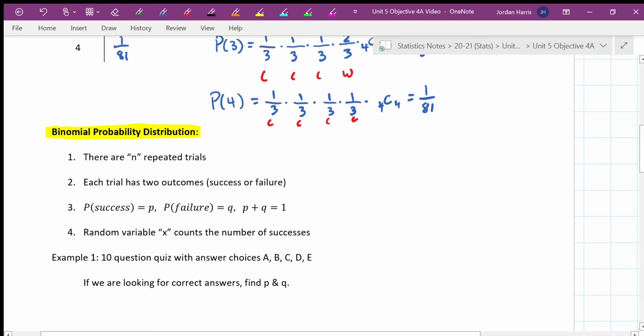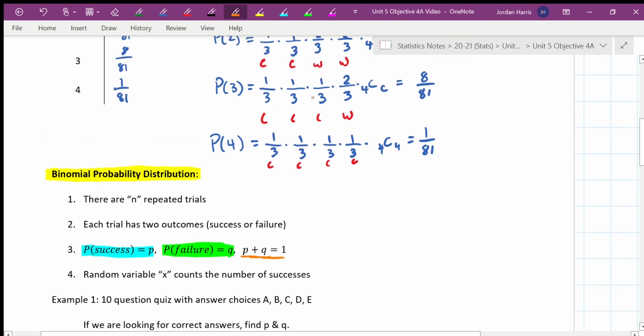We have variables here, so I'm going to actually highlight these. You have the probability of success, which is p, lowercase p. You have the probability of failure, which is lowercase q. And then you have another equation which says that those two are always going to be complements.